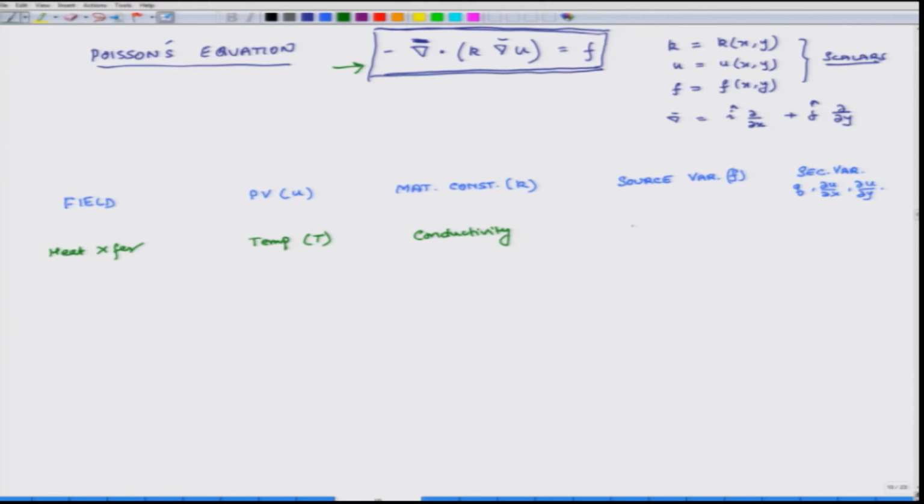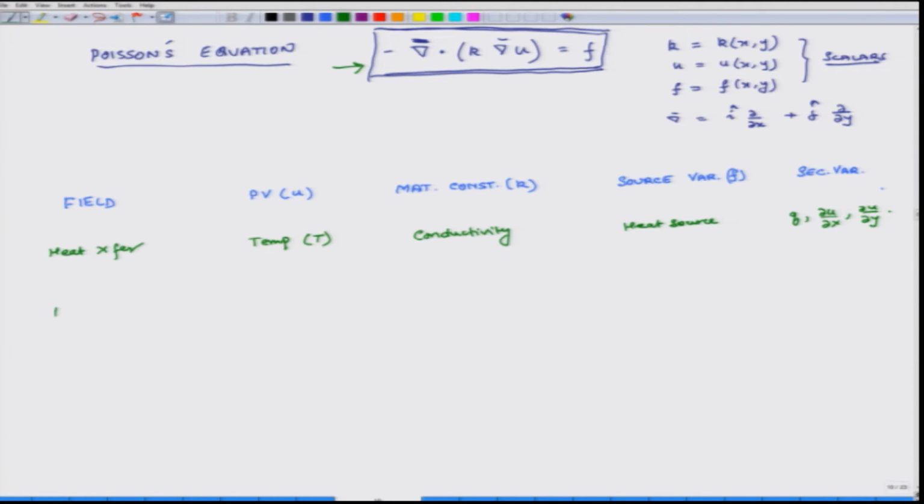Then we have heat source, and the secondary variables could be Q or del u over del x, which is the gradient of temperature in x direction, and del u over del y, which is the gradient in y direction. So, this is from heat transfer.